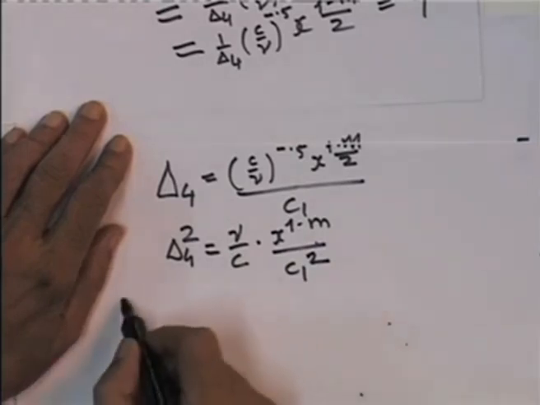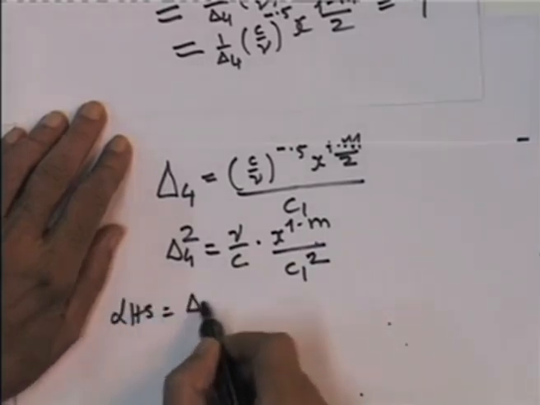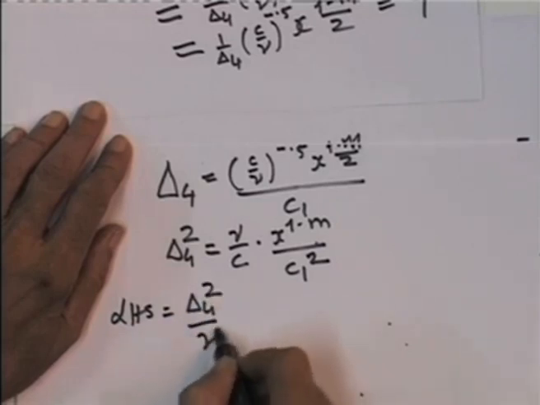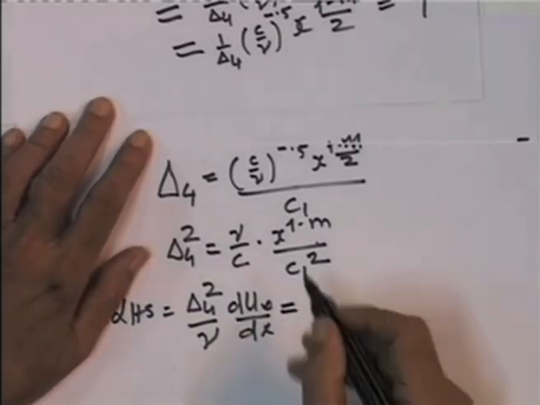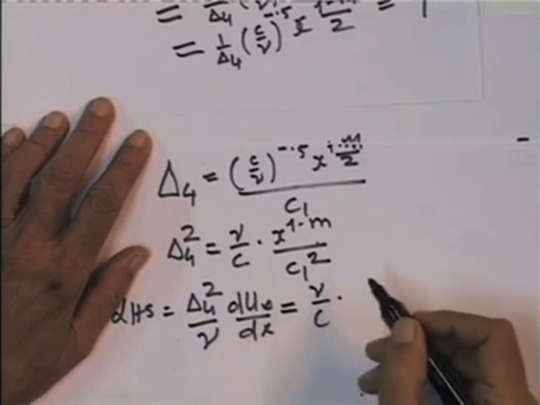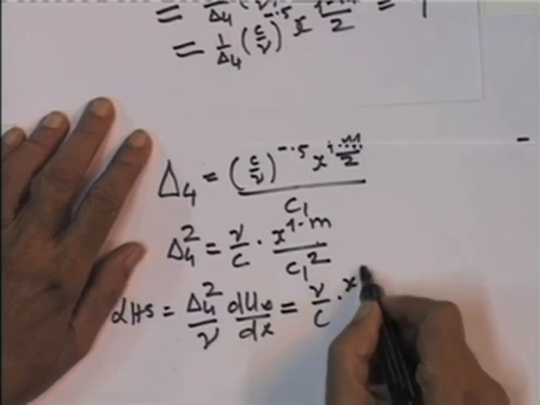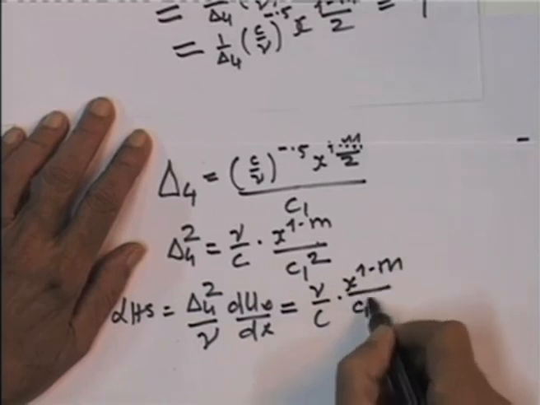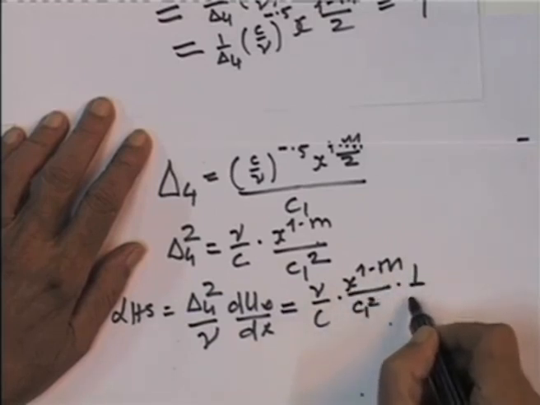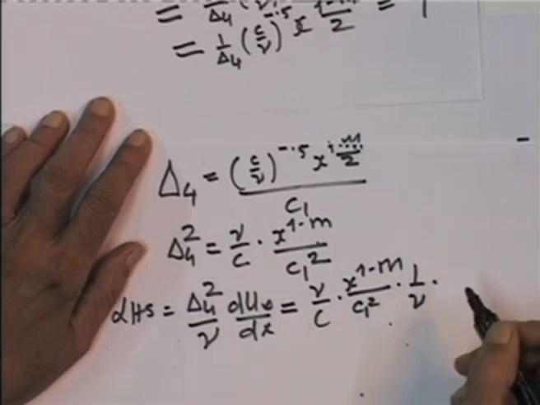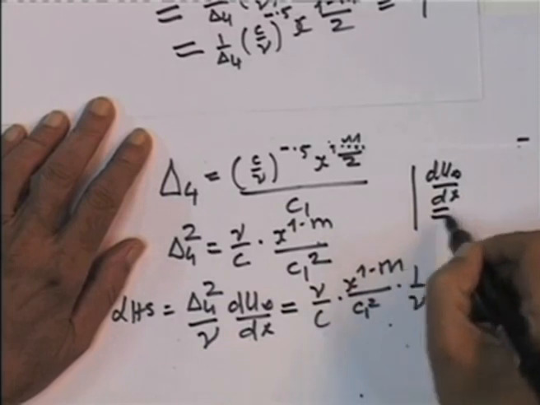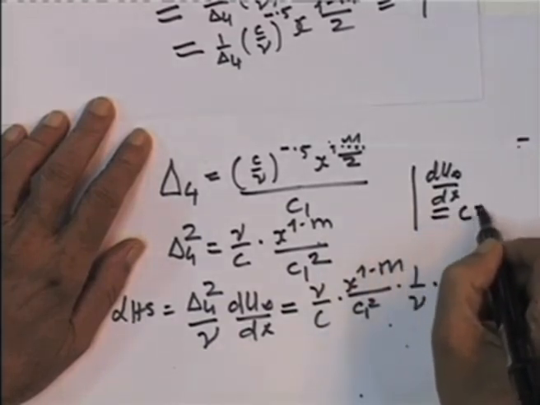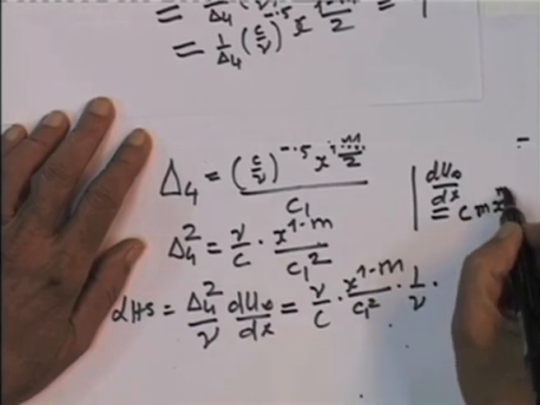And therefore, the left hand side, which was delta 4 squared divided by nu du infinity by dx, will be simply nu by C x raised to 1 minus m by C 1 squared into 1 over nu into du infinity by dx, which will be C m x raised to m minus 1.